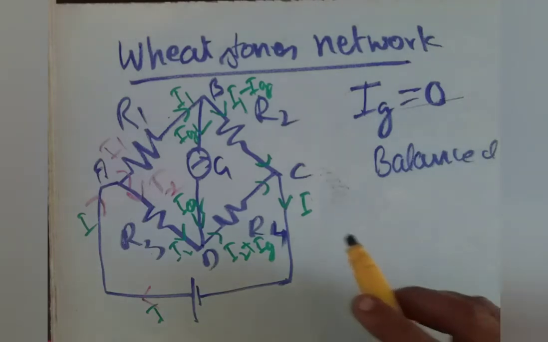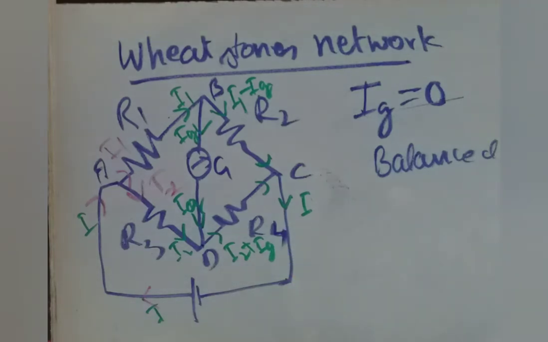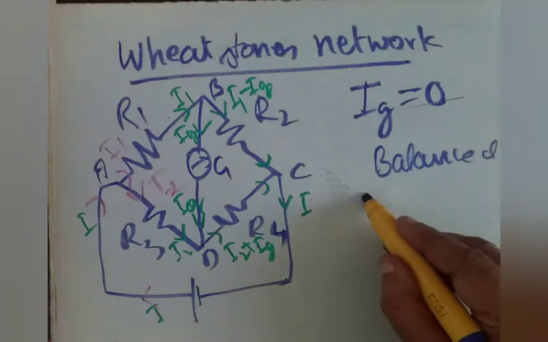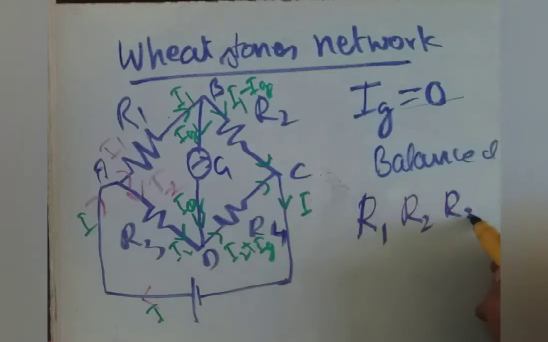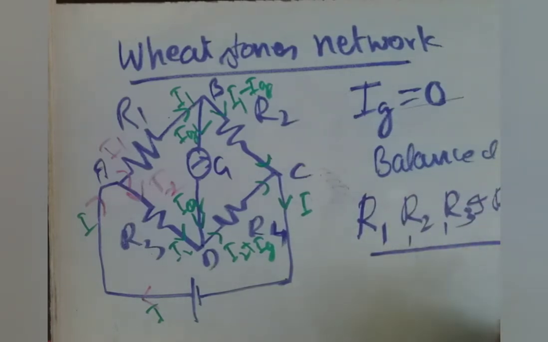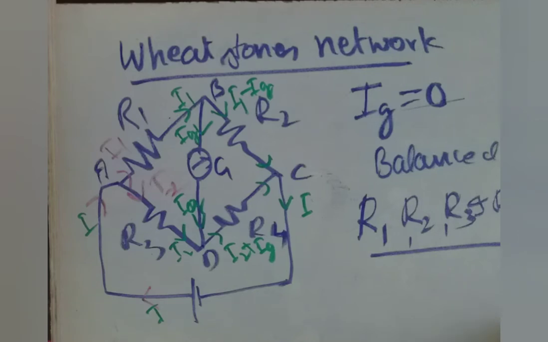Then what condition is to be satisfied among R1, R2, R3 and R4? That is what we want to learn now. In fact, that is called the balance condition for Wheatstone's network.